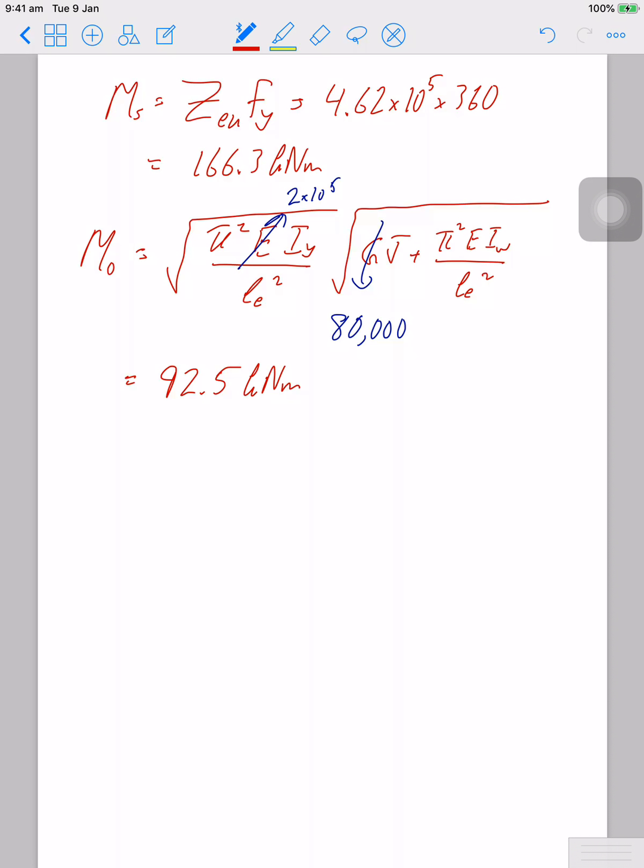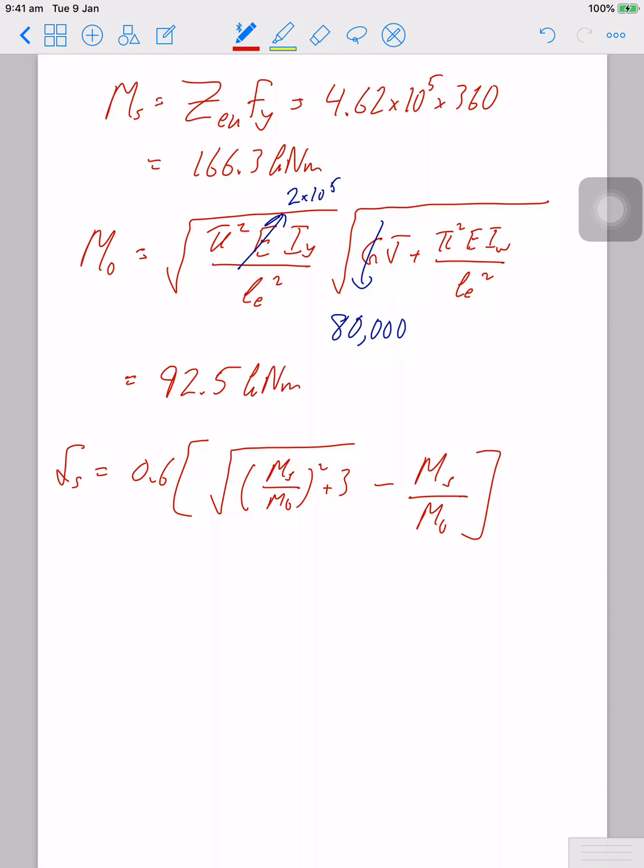Now we need to find our Mb, and to find Mb we need alpha s. Although we assumed an alpha s, we have to now recalculate based on our reference buckling moment and our compact section moment. 3 minus, there should be a squared somewhere.